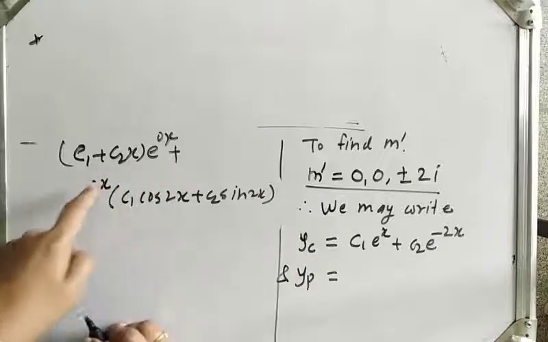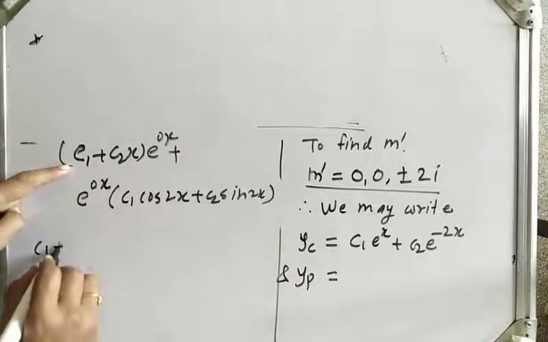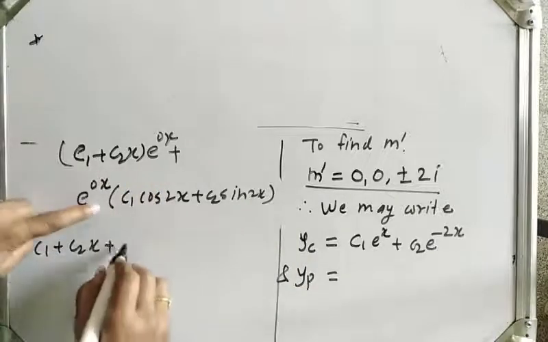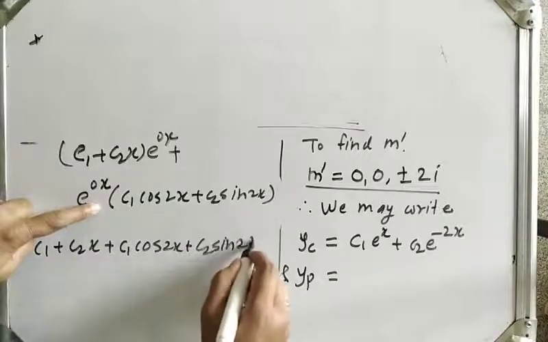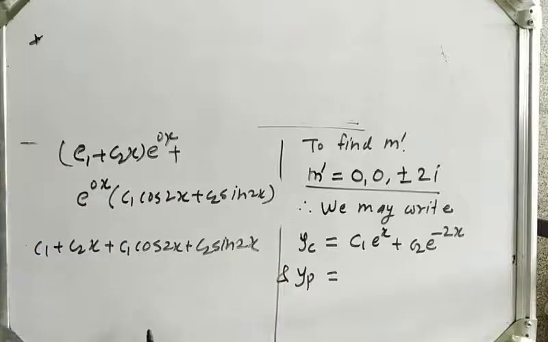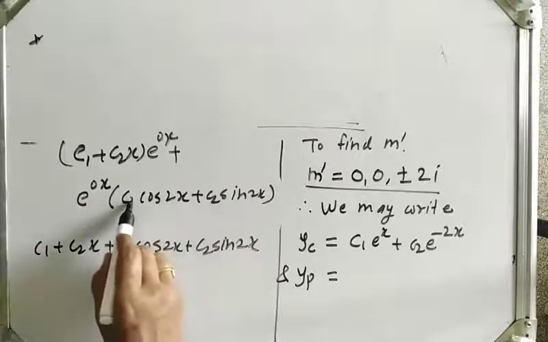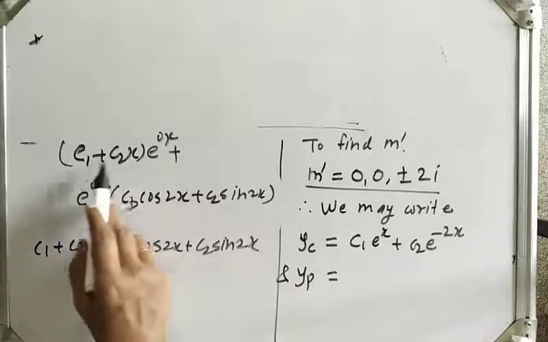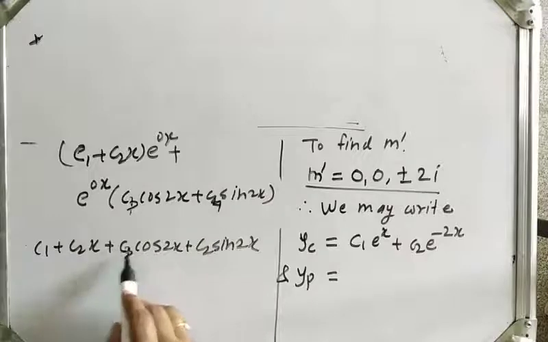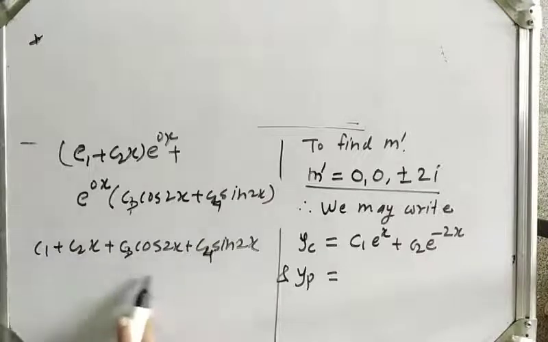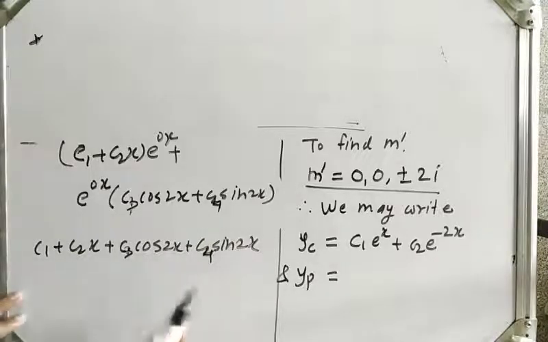Now e raised to 0x means 1, so we can write it as c1 plus c2x plus c1 cos 2x plus c2 sin 2x. Here, in place of c1, c2, we take c3, c4, and in place of c1, c2, c3, c4 we will use a, b, c, d.